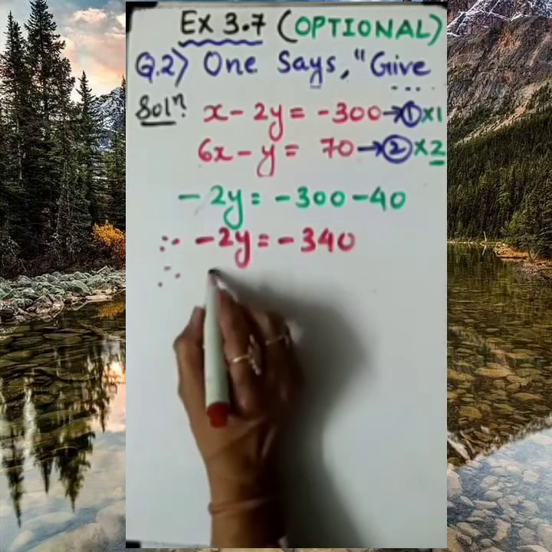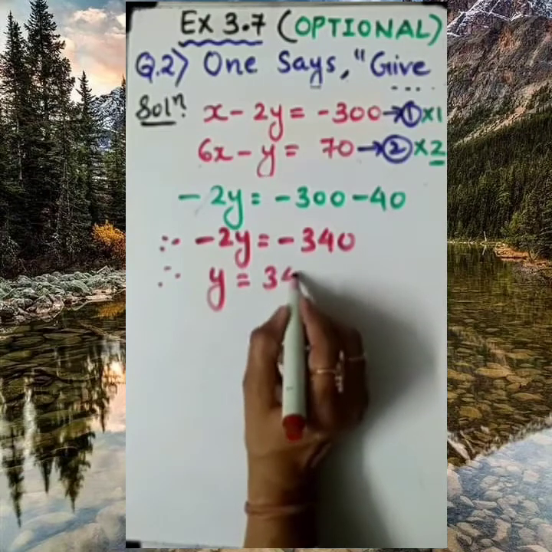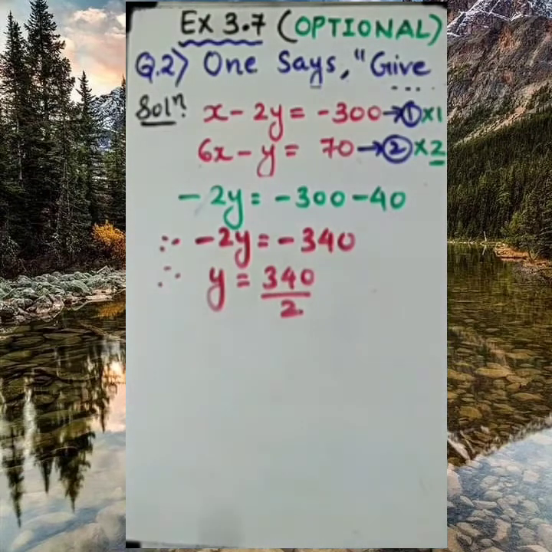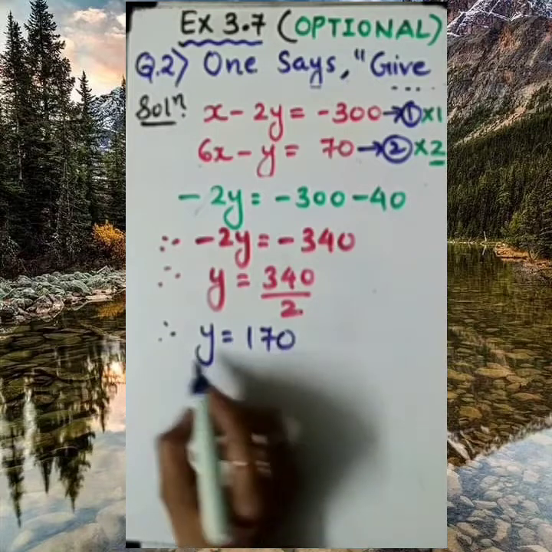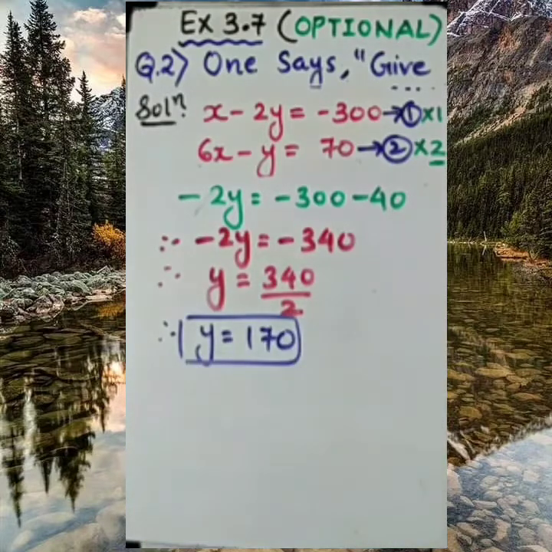Therefore the minus cancels on both sides. So 340 divided by 2 gives the result 170, half of 340. So the final value of y we got is 170, and the value of x is 40.